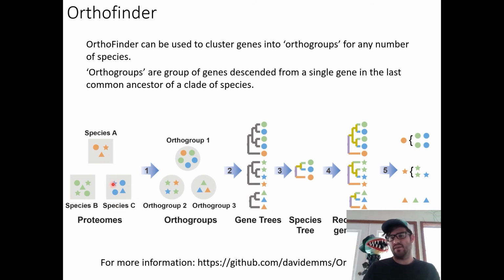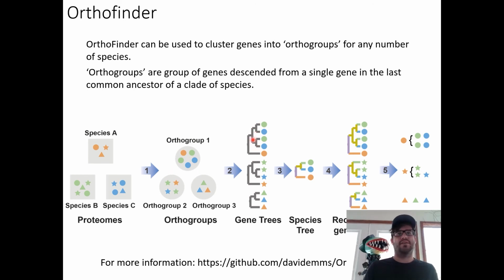So this is kind of computationally intensive, but this will basically show us which genes are similar to each other. We can group the genes by some cutoff into what we would call orthogroups. So these would be genes that have some homology to each other or some sequence composition that's conserved. We can then take these individual orthogroups and build a gene tree.